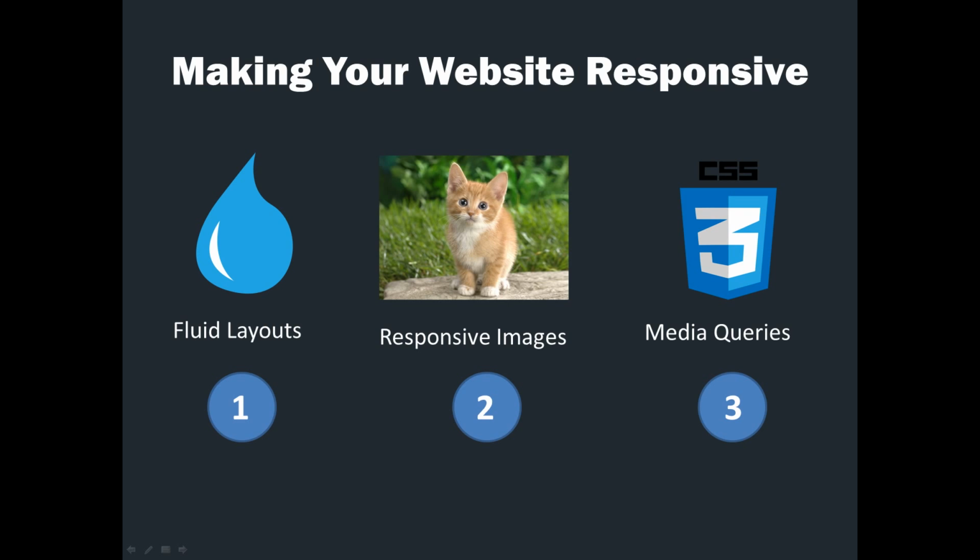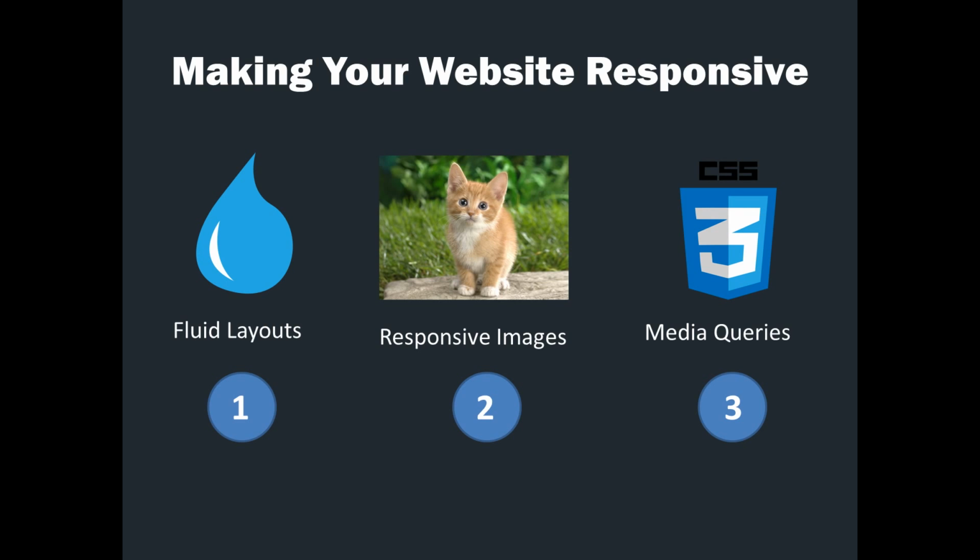So how do you make your website responsive? Well, we listed the three major ways to do that here, the three major pieces that make together a responsive website. So first, it's having fluid layouts, and that's changing all your fixed widths to percentage widths.